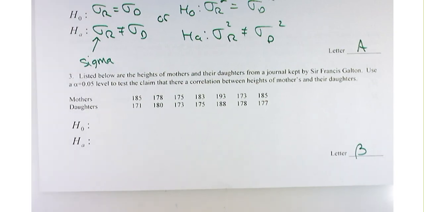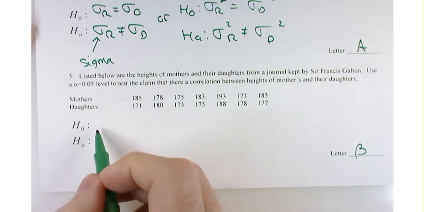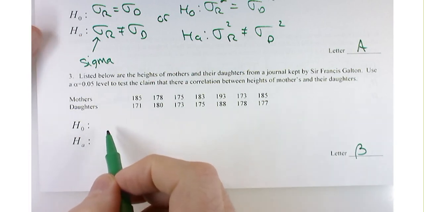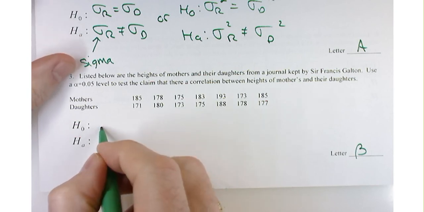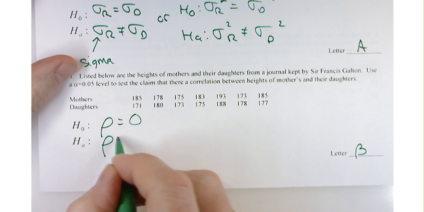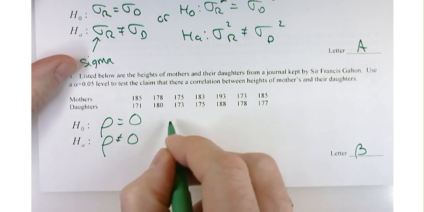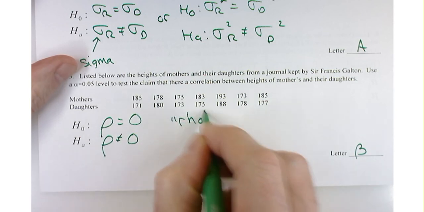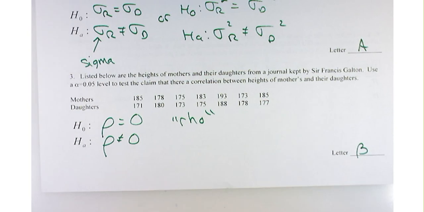And again, you're going to get assaulted with lots of Greek letters here. What Greek letter goes with correlation? Good question. There's a couple answers that I'd accept here, but what I was looking for is rho. R-H-O. It kind of looks like a P, but don't put a P here. Please do not put a P here.